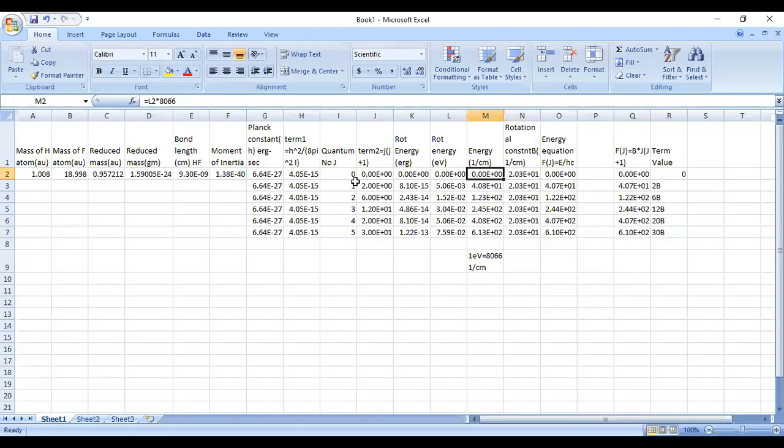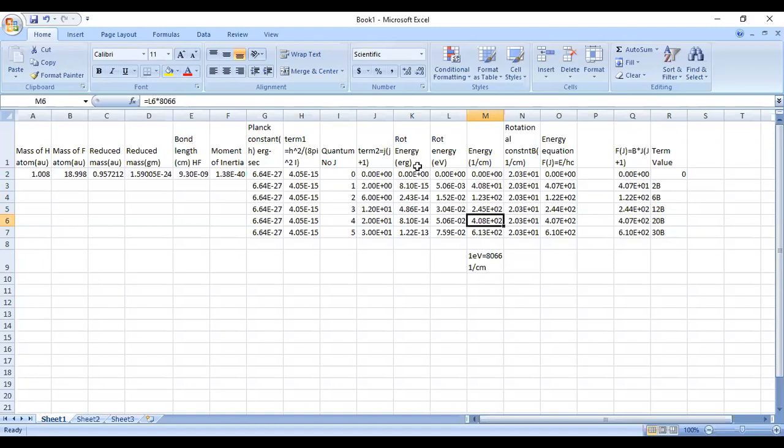This is for j equal to 0, I calculated the energy E0. J equal to 1, I calculate the energy E1. J equal to 2, the energy level E2. J equal to 3, the energy E3. J equal to 4, the energy level E4. So these are the rotational energy levels.